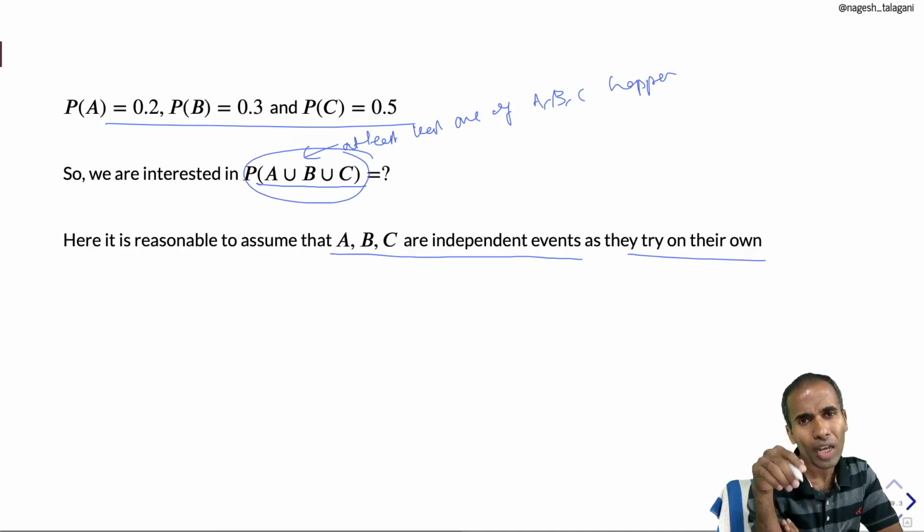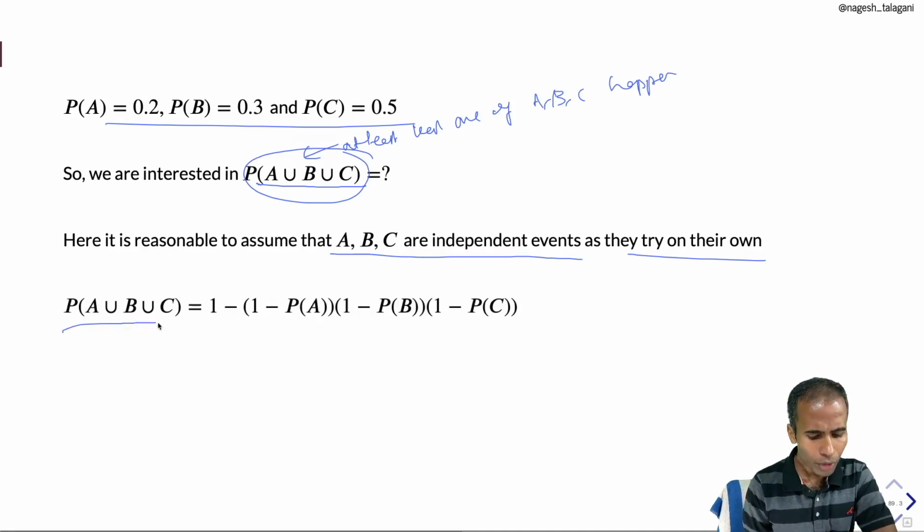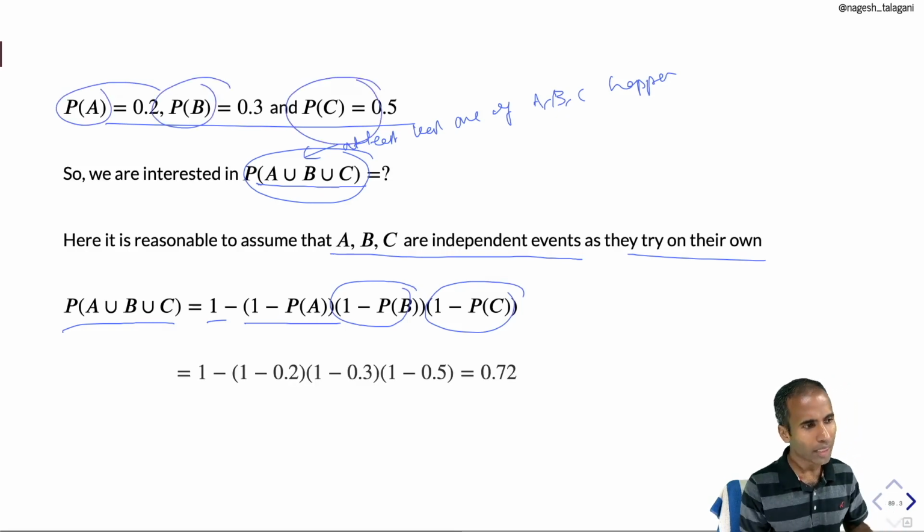Anyway, we don't have enough information to use the principle of inclusion-exclusion. So the probability of A union B union C, according to the above theorem, is 1 minus probability of A times 1 minus probability of B times 1 minus probability of C, and we know the probability of A, B, C. Let's plug it in.